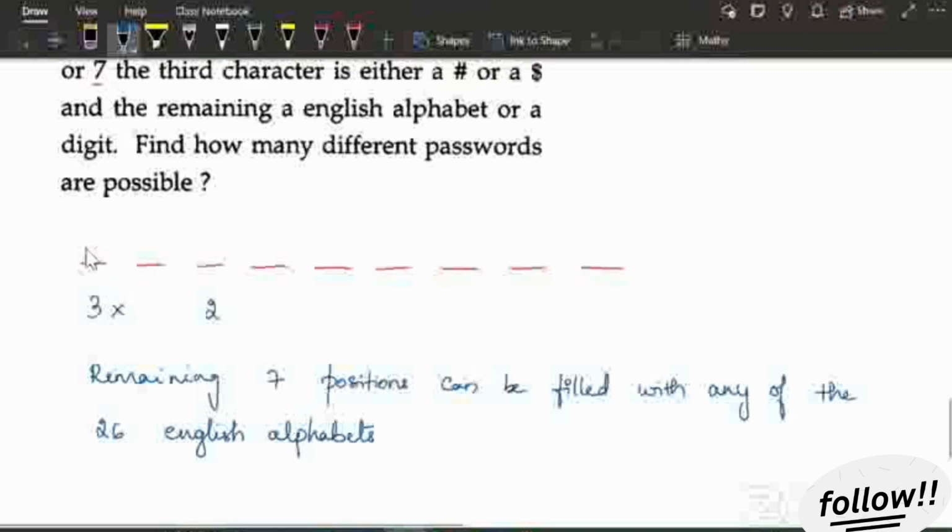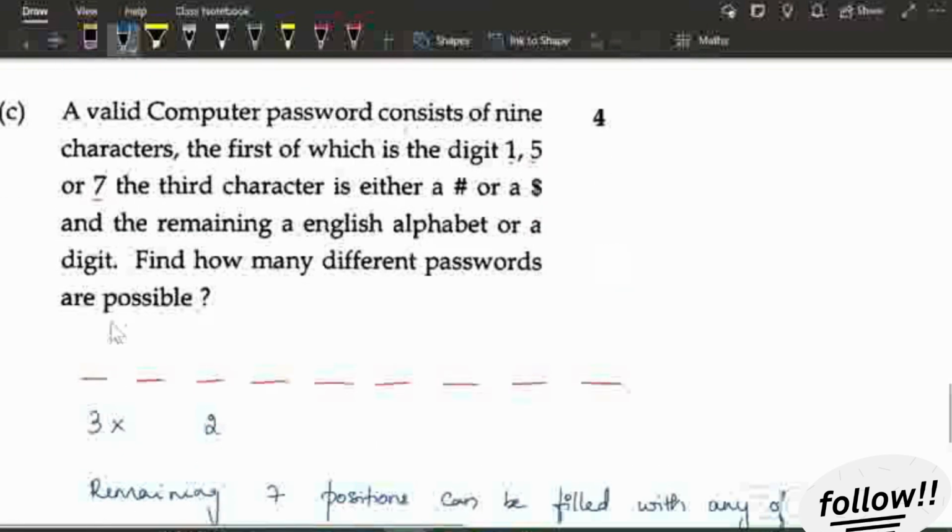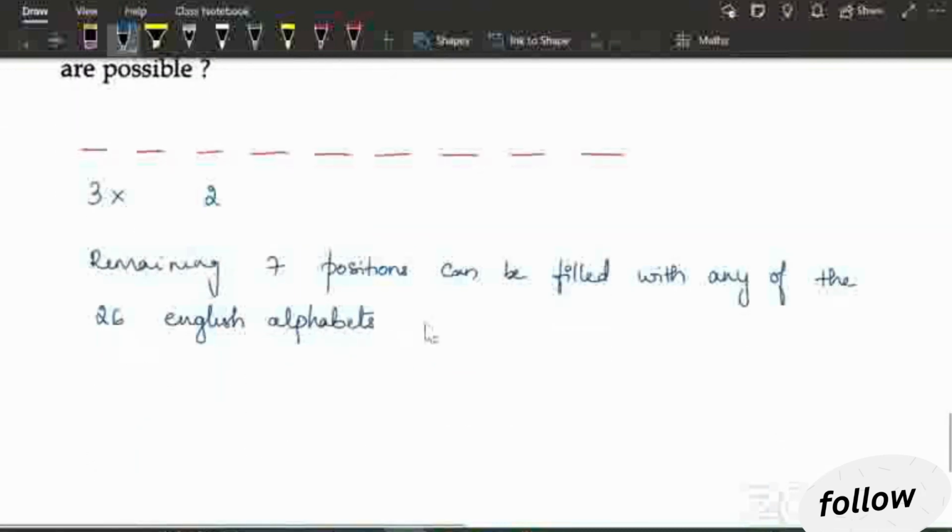I have used 1 digit here. And this is a special symbol. Now, out of 10 digits from 0 to 9, one of them is used here. So there are 9 more digits. And English alphabets, none of them are used. So I have 26 alphabets, right? So 26 alphabets and the remaining 9 digits. Okay. Because 1 digit is used in the first position, there are remaining 9 digits.